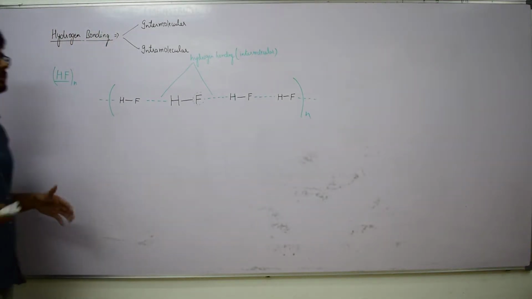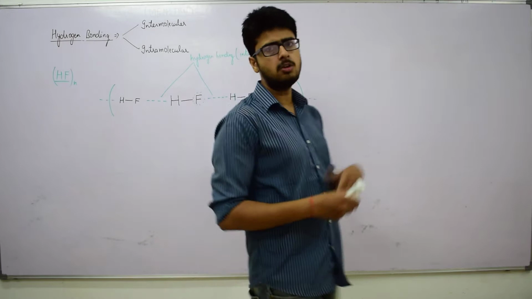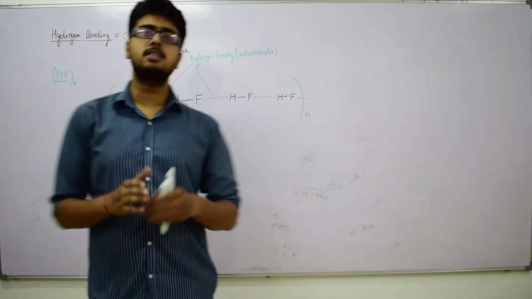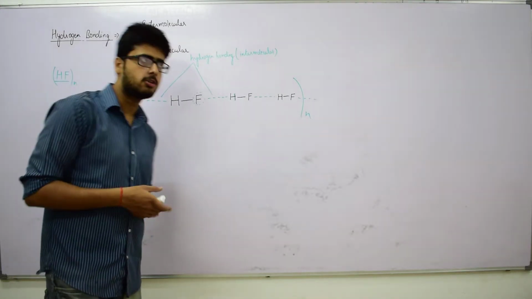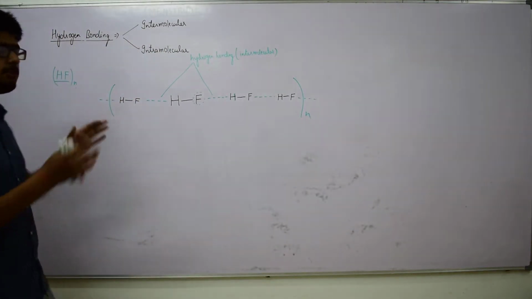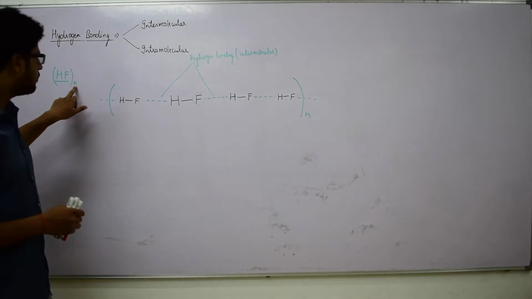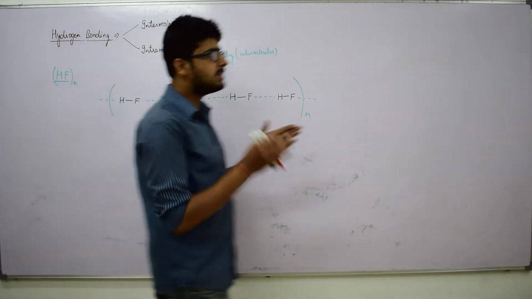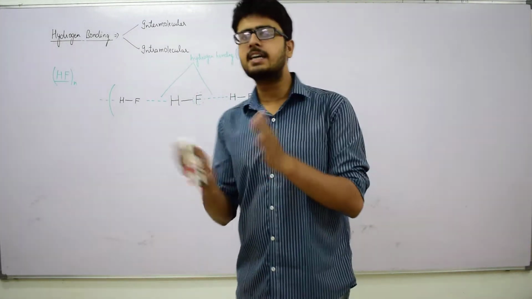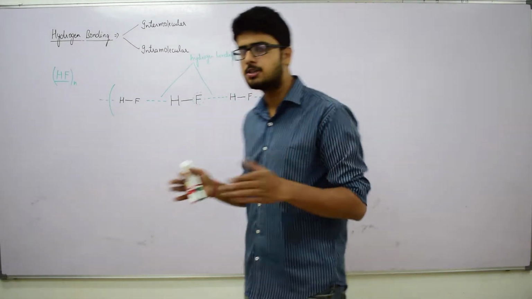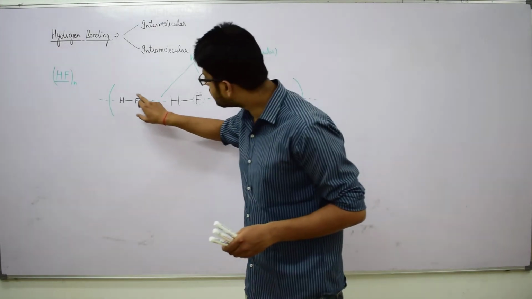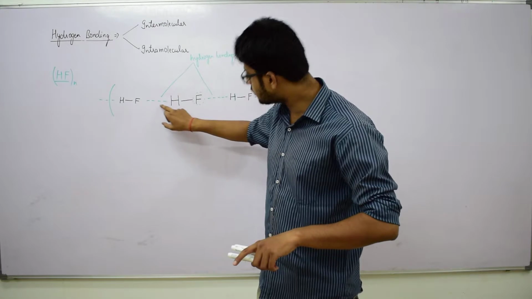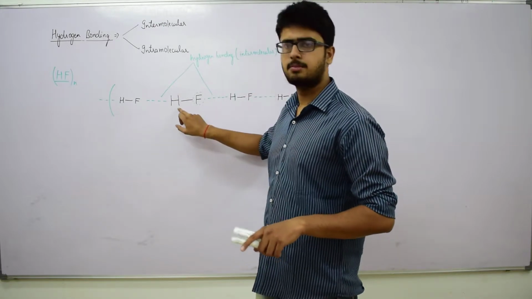So let us see once again the case of HF. It doesn't exist in the form of one molecule or two molecules, but in the form of n number of molecules, where n can be any positive integer. Now let us see the basic criterion for the formation of hydrogen bonding. In hydrogen bonding, the more electronegative atom forms a hydrogen bond with the hydrogen atom.